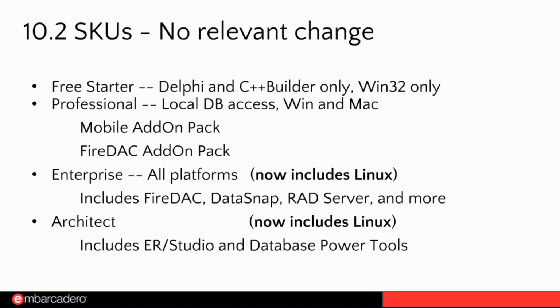The Architect edition provides you basically everything you get in Enterprise, but it also includes some very powerful database tools, with ER Studio for reverse engineering and modeling your databases and sharing your schema from a pictorial view, but also the database power tools.